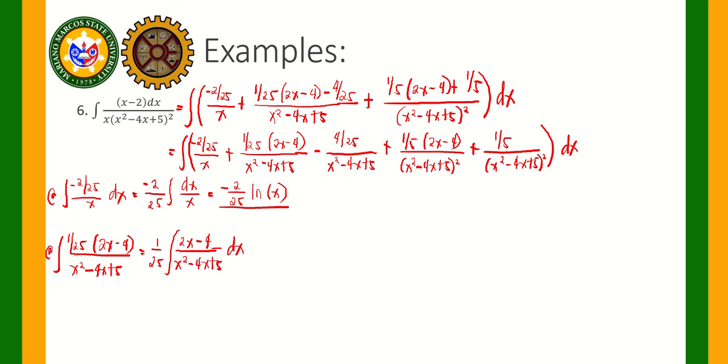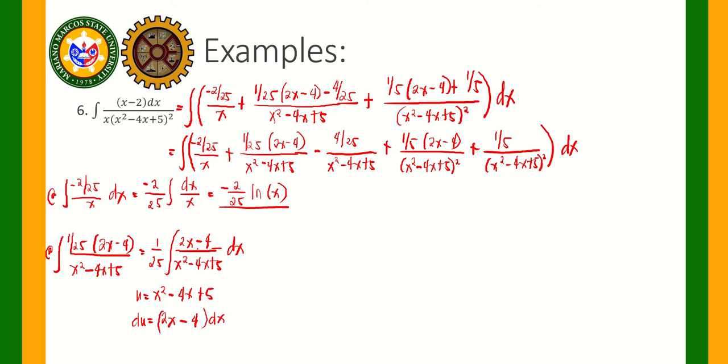So, mag-let u tayo. So, let u be equal to x squared minus 4x plus 5. Then du will be equal to the derivative of x squared, that will be equal to 2x. The derivative of negative 4x, that is negative 4. The derivative of a constant is 0. Okay. So we now have this one.